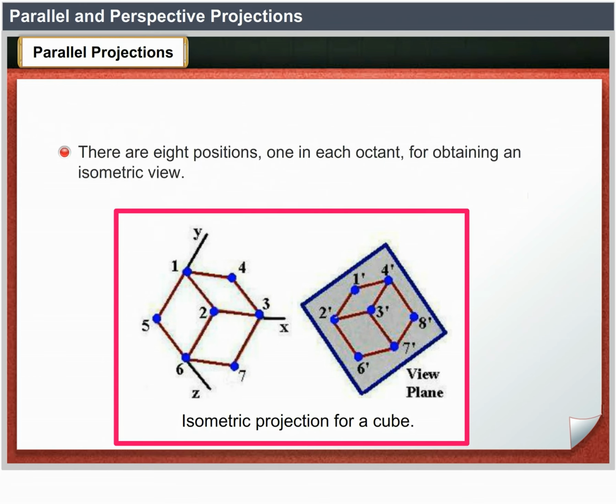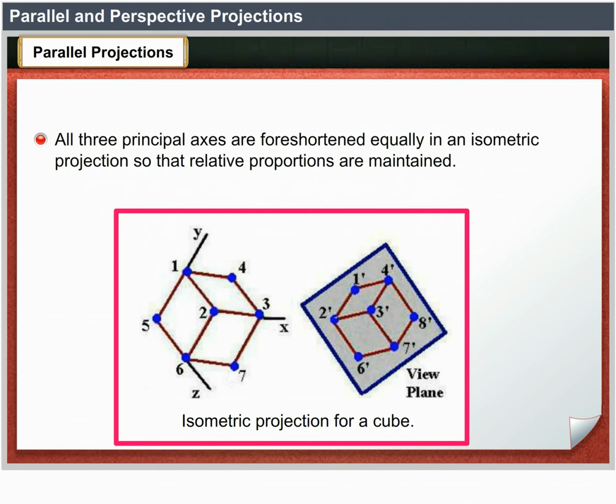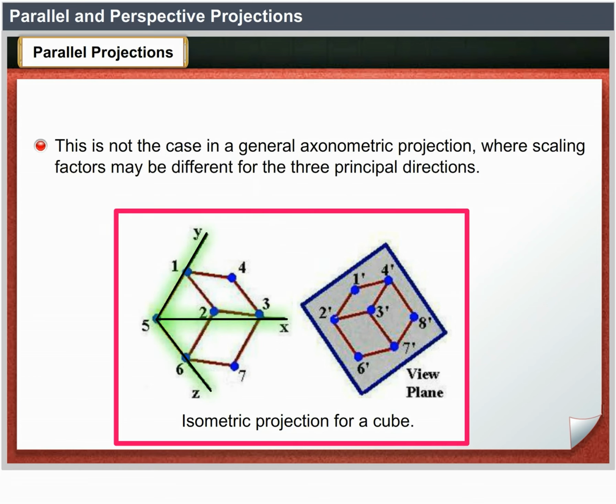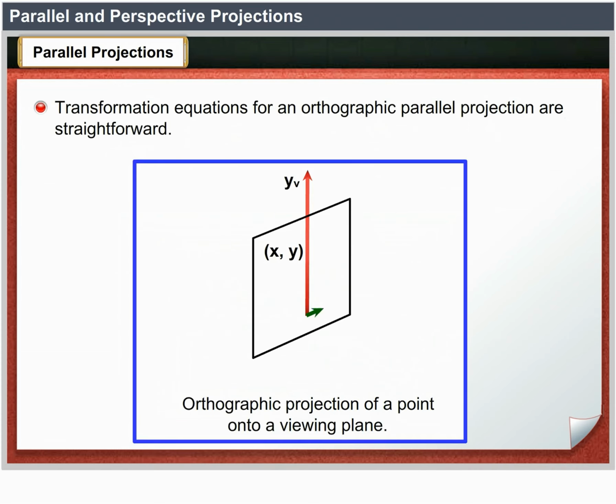There are 8 positions, one in each octant, for obtaining an isometric view. All 3 principal axes are foreshortened equally in an isometric projection so that relative proportions are maintained. This is not the case in a general axonometric projection, where scaling factors may be different for the 3 principal directions. Transformation equations for an orthographic parallel projection are straightforward.